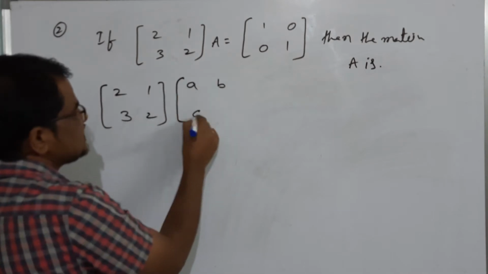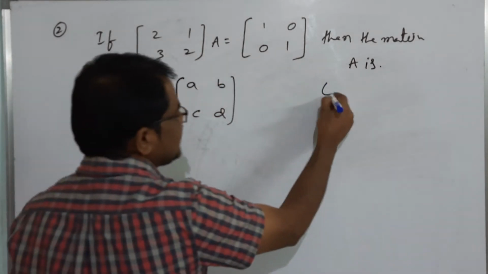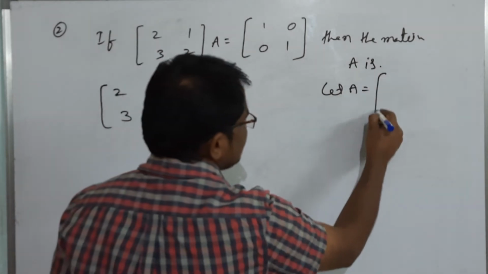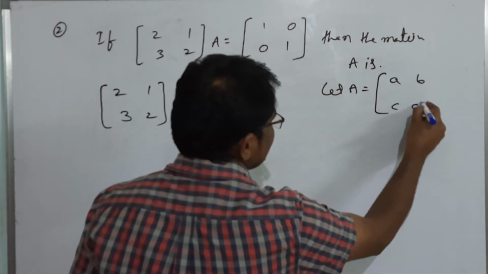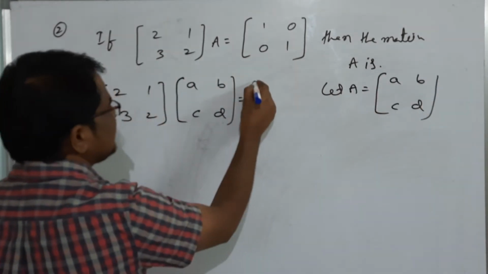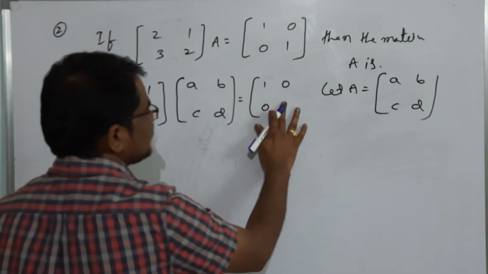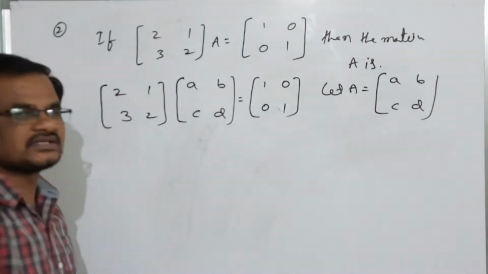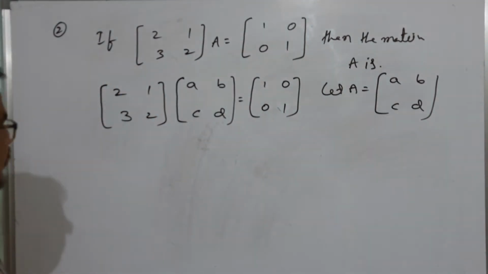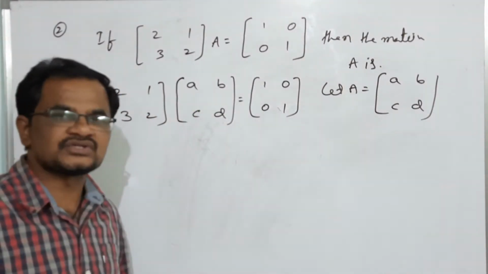Let A equal [a, b; c, d]. Now the right side is the identity matrix of order 2, [1, 0; 0, 1]. Why have we taken a 2 by 2 matrix only?